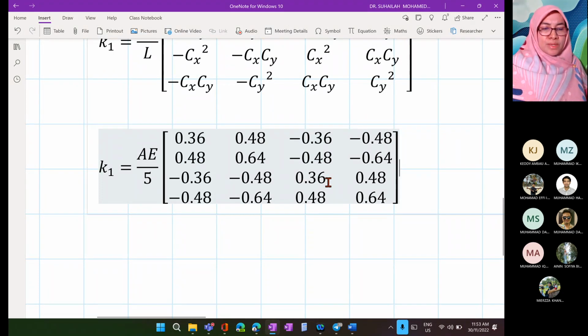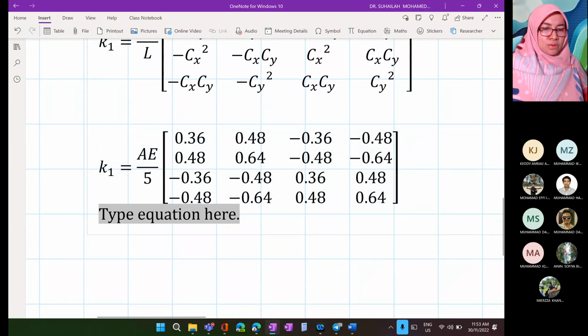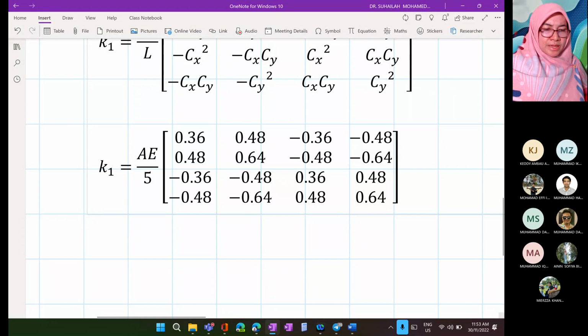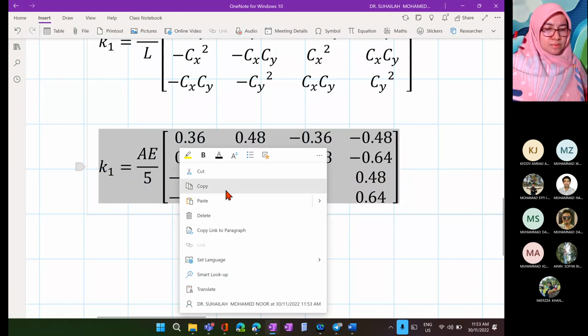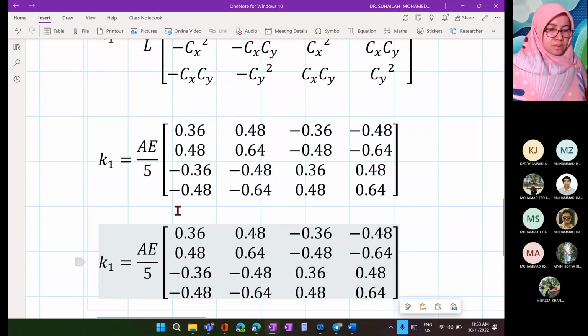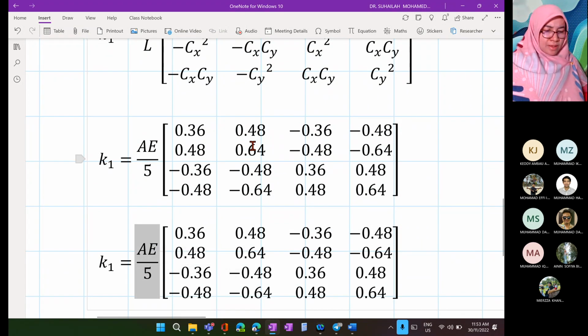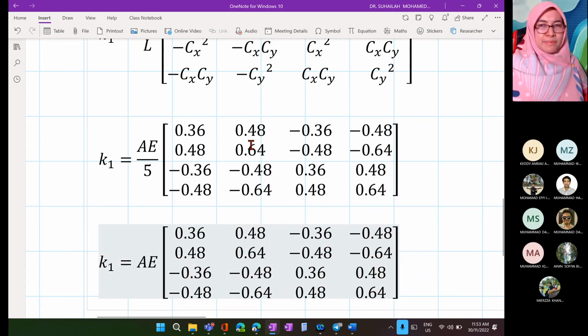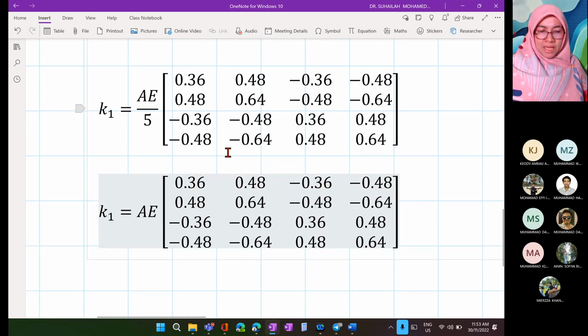We simplify this. We have to divide by 5. Now we remove the 5 here, because we have to remain K in terms of AE.